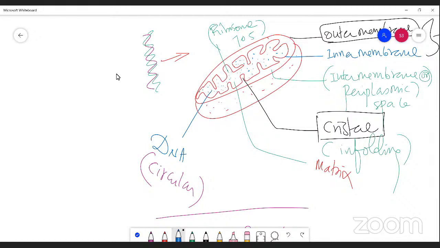Then talking about the rate of replication, mitochondria can replicate 5 to 10 times faster than the DNA found in the nucleus.